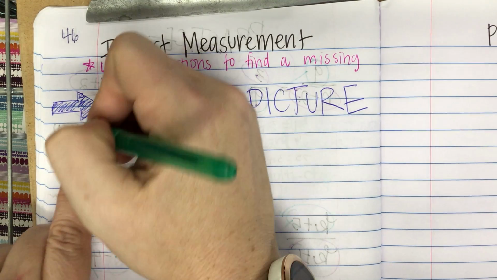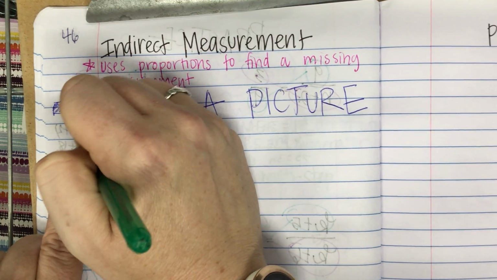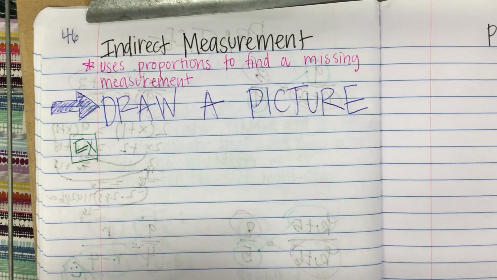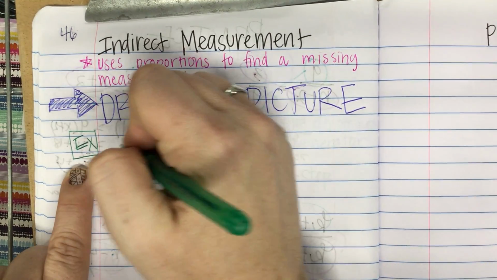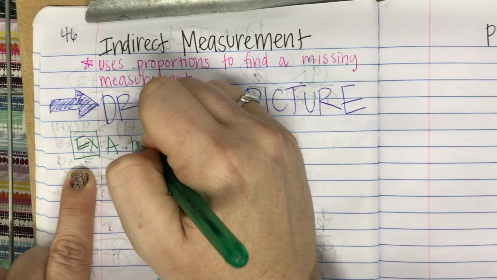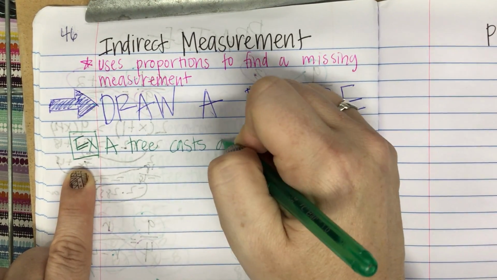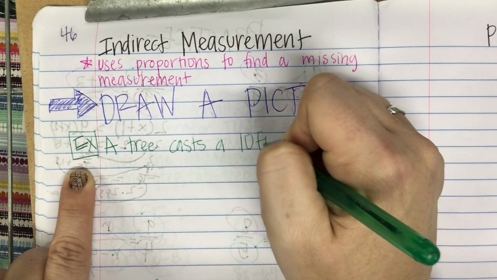So here's an example. Are you ready? And yes, you need to write this down. It says, a tree casts a 10-foot shadow.